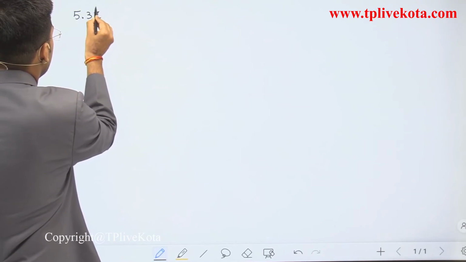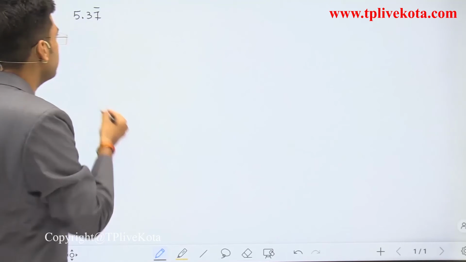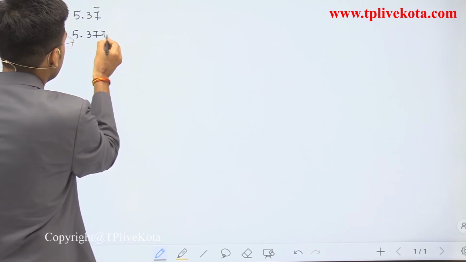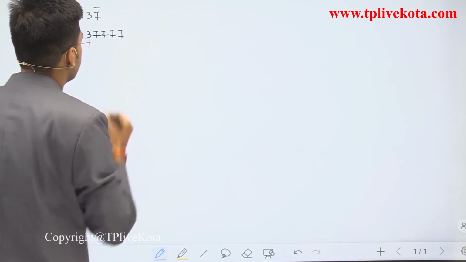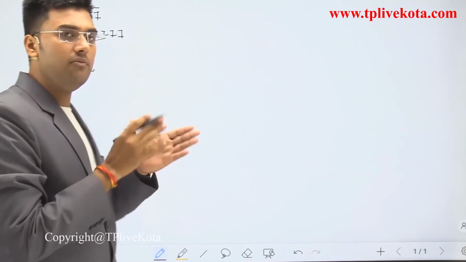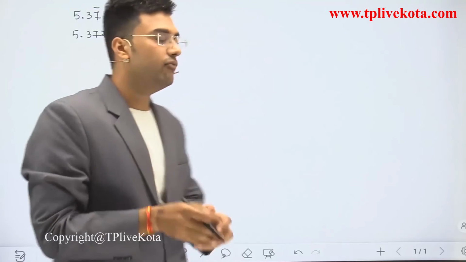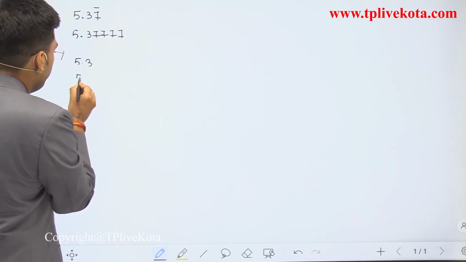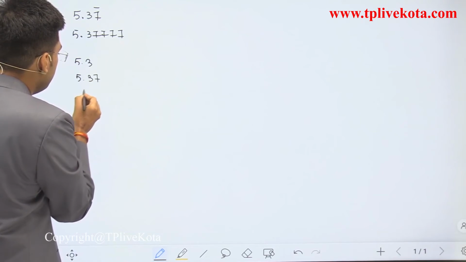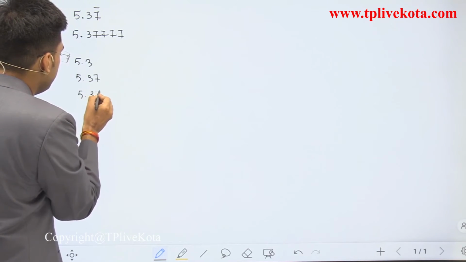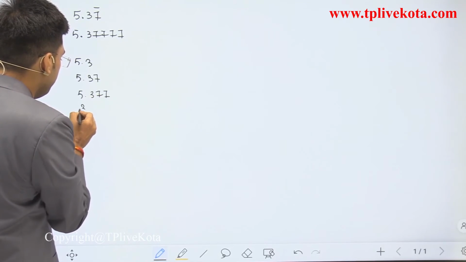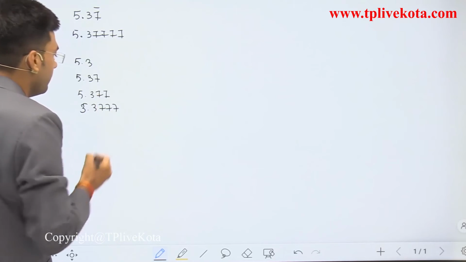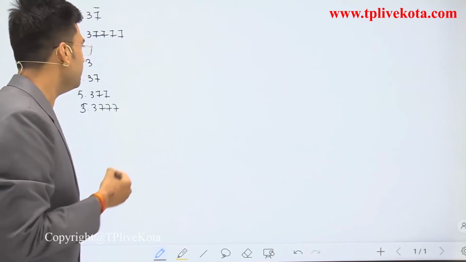It means we have to represent 5.3777. To represent 5.3777, first we represent 5.3, then 5.37, then 5.377, then 5.3777 by using the successive magnification method.